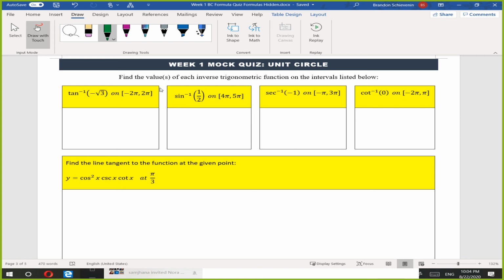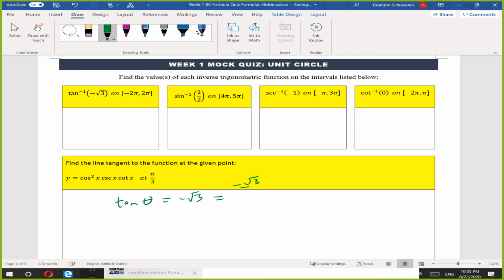Okay, so I've got the arctangent of -√3. So that means the tangent of some angle should be equal to -√3. Tangent on our unit circle is sine over cosine. So I have some sine value divided by some cosine value that equals -√3.